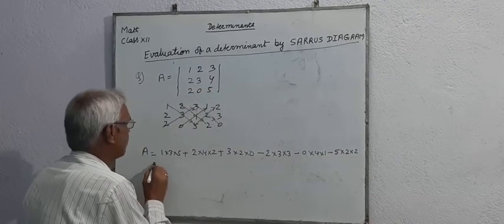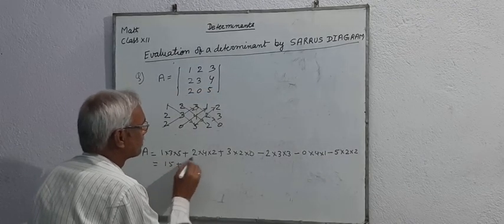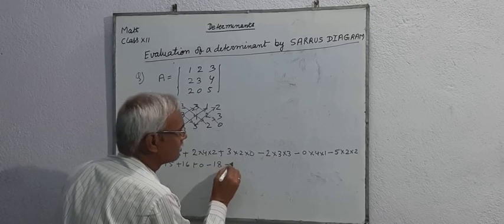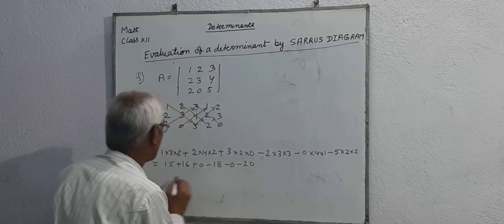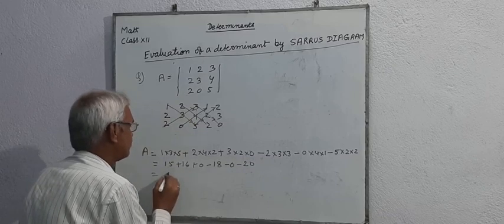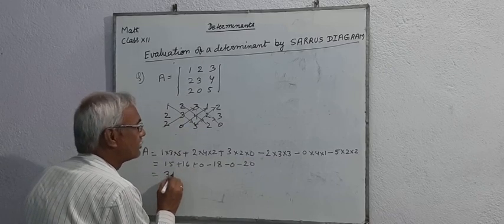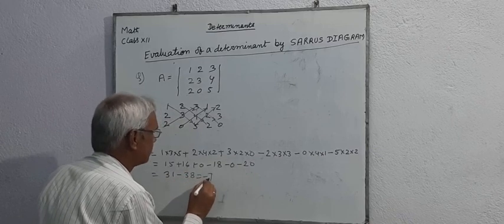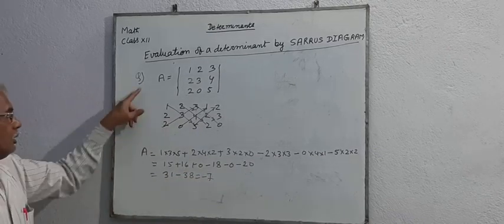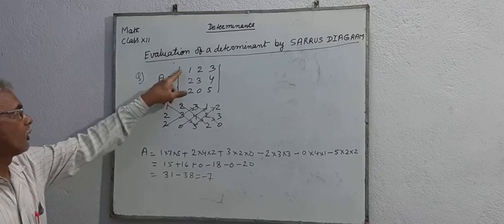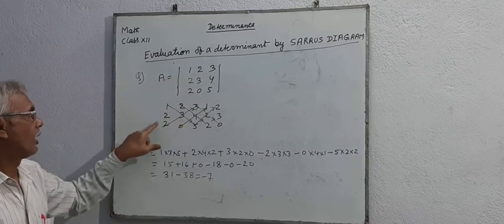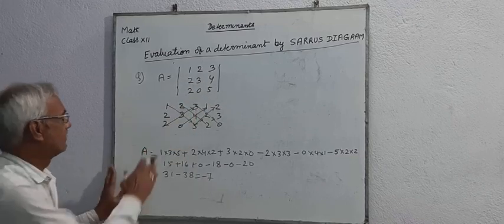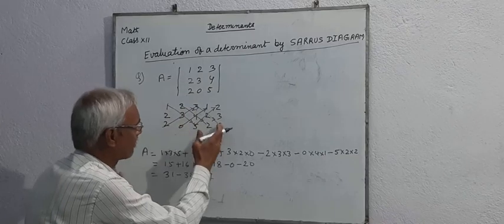On solving we get 15 plus 16 plus 0 minus 18 minus 0 minus 20, equal to 31 minus 38, equal to minus 7. According to Sarrus' rule, first write the determinant, repeat the first column and then the second column.